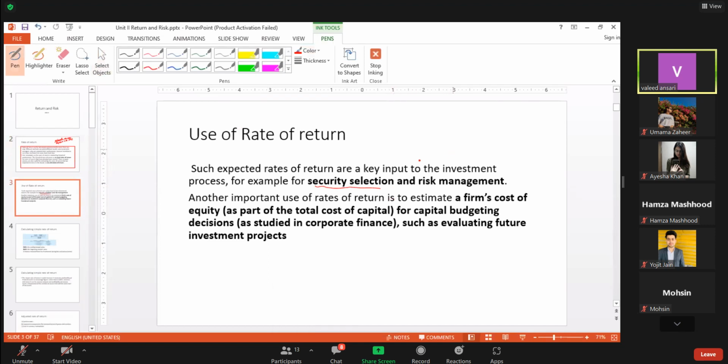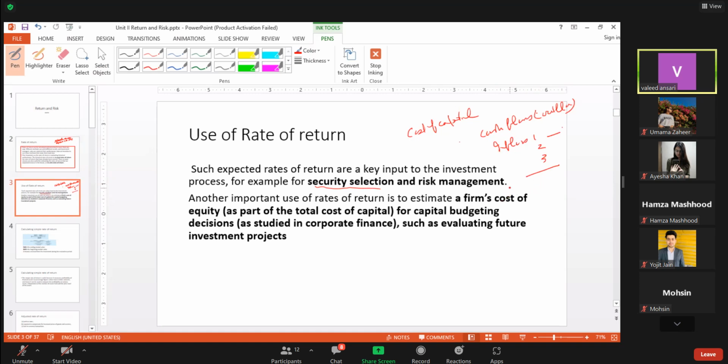Another important thing is when you are calculating the cost of capital in the financial management course, you may have come across capital budgeting. Cash flow outflow is there, and then certain projects are there which provide inflows over a certain period of time. Then we try to discount these cash flows by a certain discounting factor.